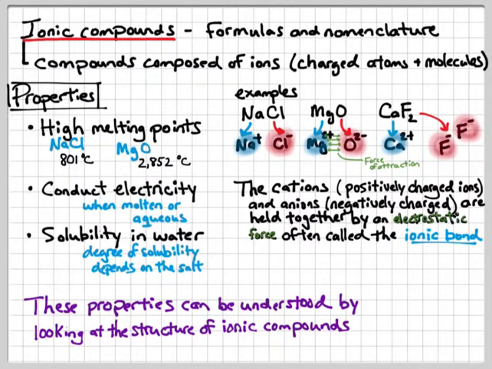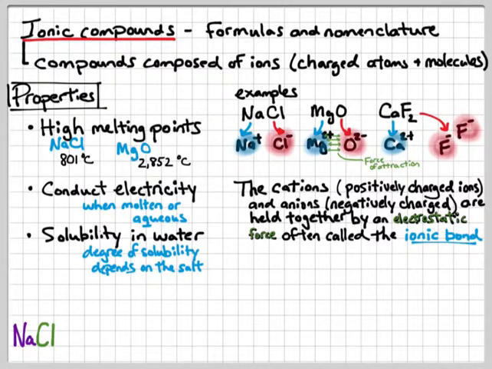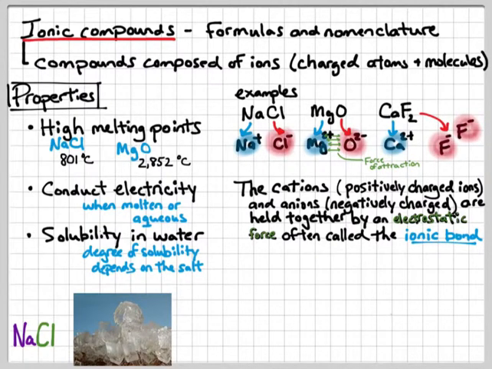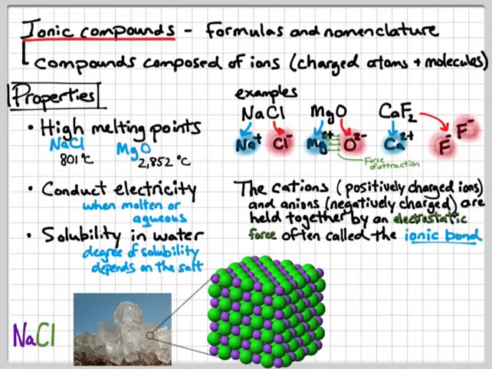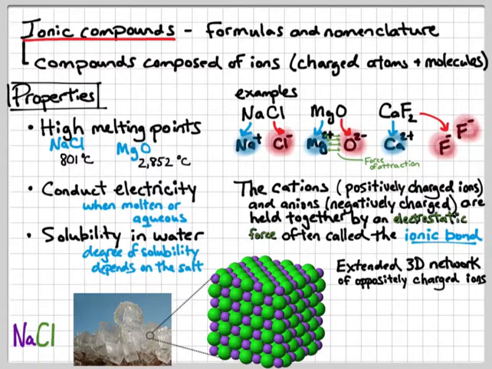However, an ionic compound is not as simple as a single interaction between, for instance, a single sodium ion and a single chloride ion. Taking that as the example, NaCl, we see here a crystal of sodium chloride, and if we look more closely at the structure of this crystal, we see that it's actually composed of a network, an extended 3D network of these oppositely charged ions.